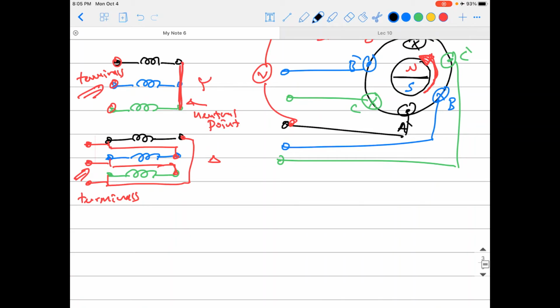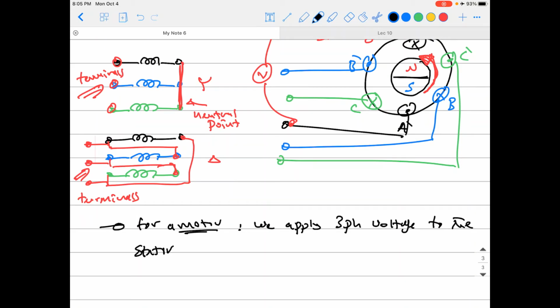If you're talking about a motor, for motor mode, we apply three-phase voltage to the stator or the armature three-phase winding.